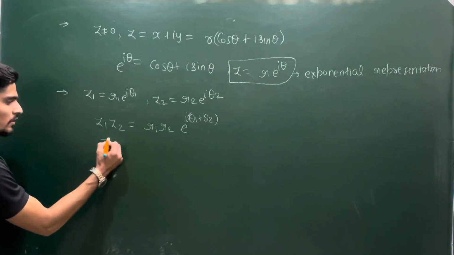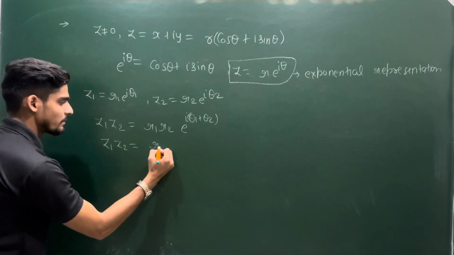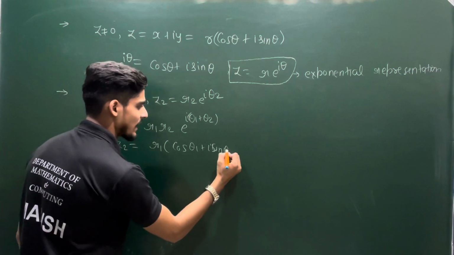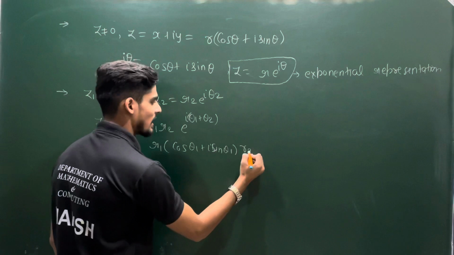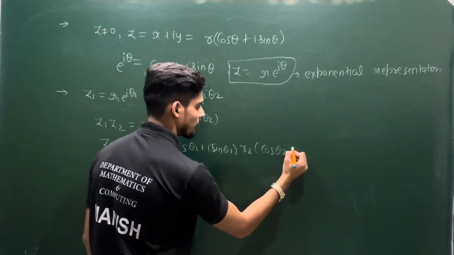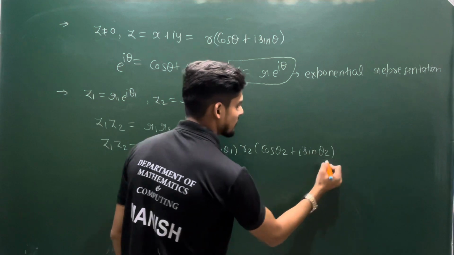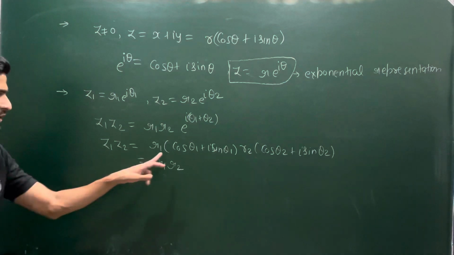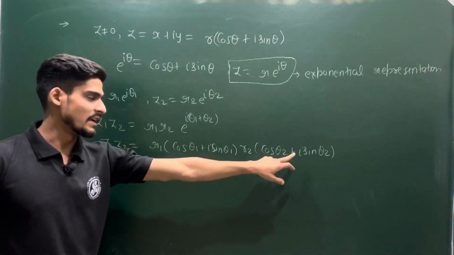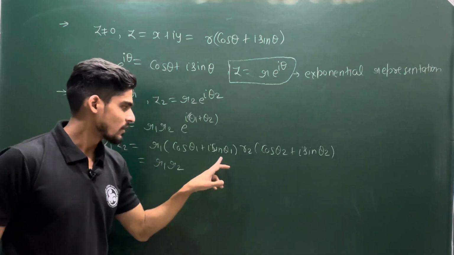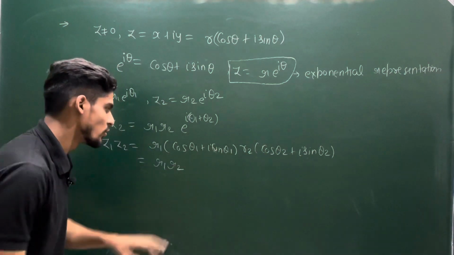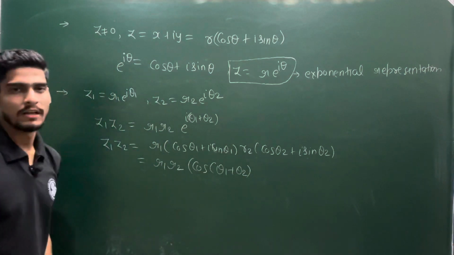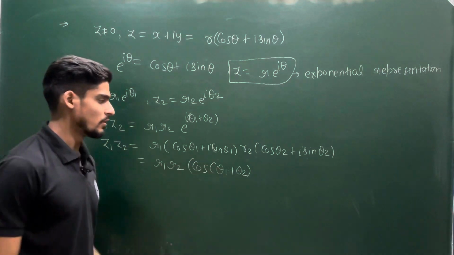Okay, suppose I take z1 z2 in this manner: r1 times cos theta 1 plus iota sin theta 1, times r2 times cos theta 2 plus iota sin theta 2. Now let us observe, r1 r2 I can take outside, cos theta 1 cos theta 2, and the other real part will be iota square, that is minus 1, times sin theta 1 sin theta 2. So it is going to be the cos formula of theta 1 plus theta 2 in the real part. Now observe the imaginary part.